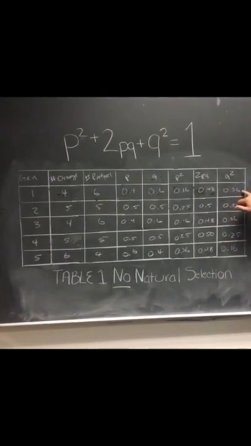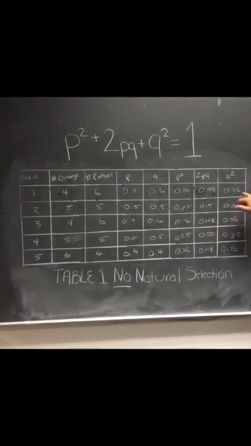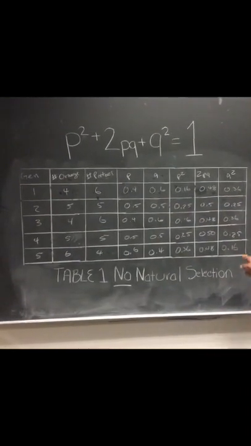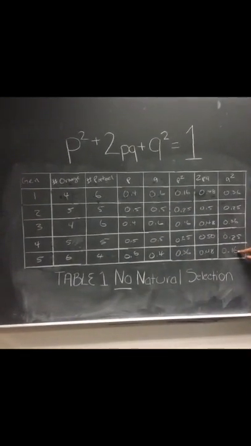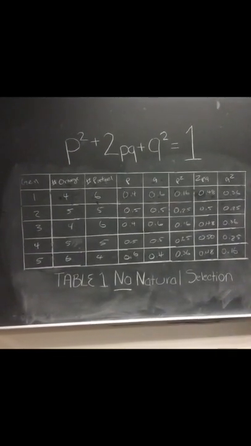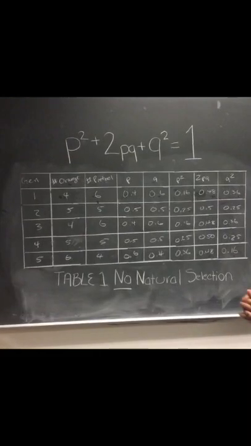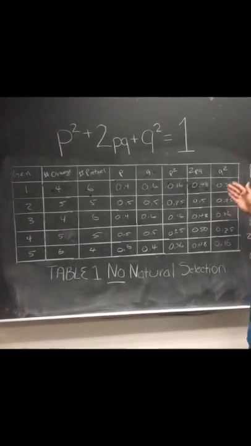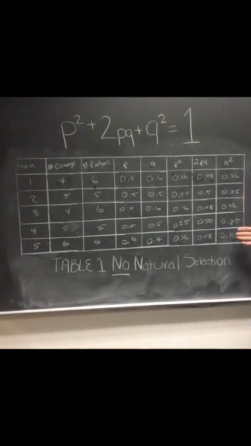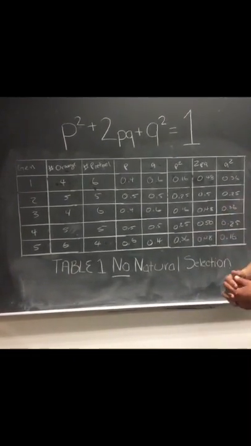Here, 36% would be homozygous recessive for the pretzel color, and 5 generations later it would be 16% of the 1,000 with the pretzel color, because they're homozygous recessive. So it's kind of different, but it stays relatively similar.